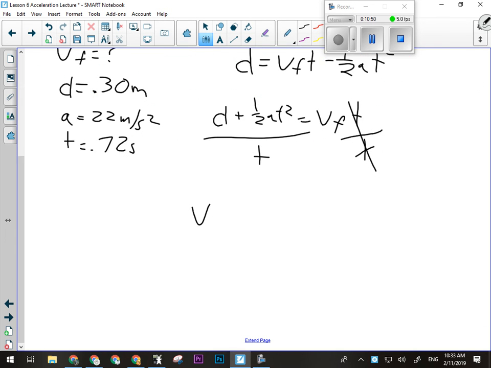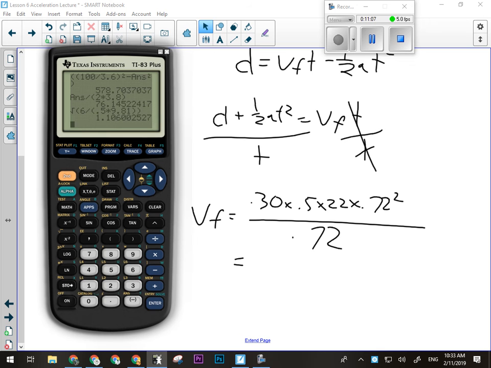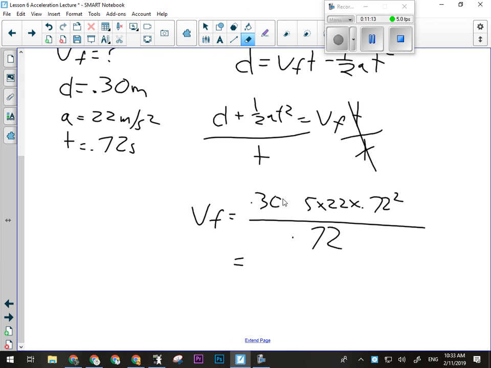Right, and so now I just plug in my numbers. So that'll be 0.30 meters times 0.5 times 22 times 0.72 squared, divided by 0.72. Sorry, that's not supposed to be times, that's supposed to be plus right there.